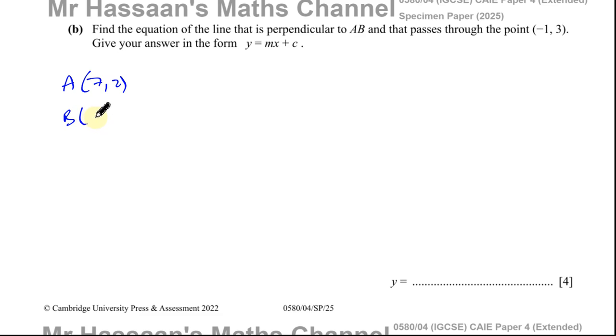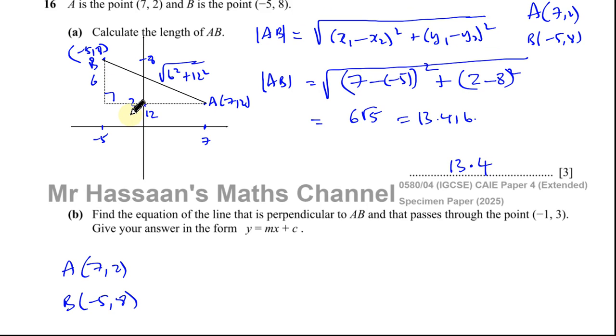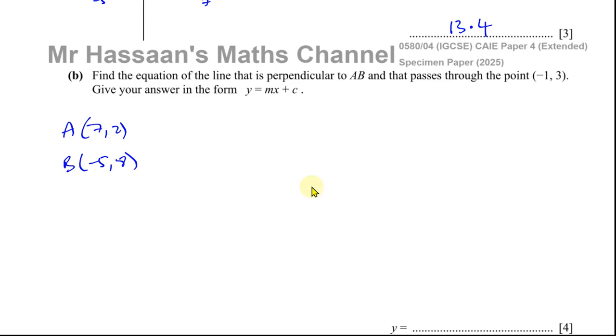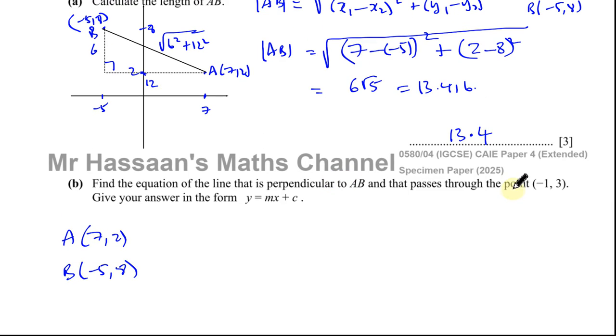We have the point B, which is negative 5, 8. Let's make sure that I wrote that correctly. Basically, it passes through the point negative 1, 3, so somewhere up here, and it's a line that's perpendicular to AB.